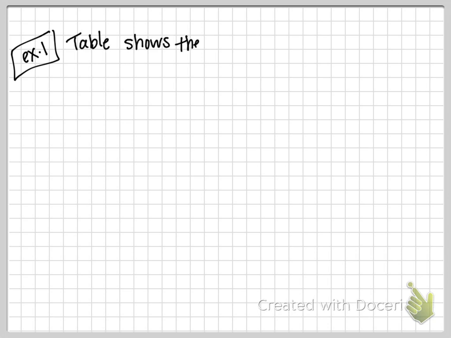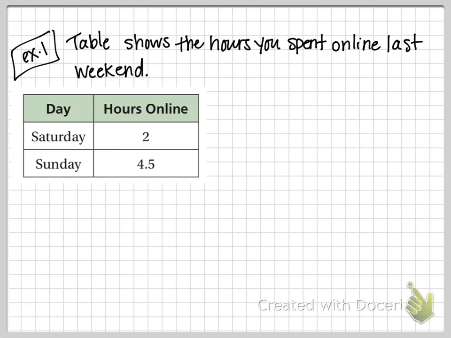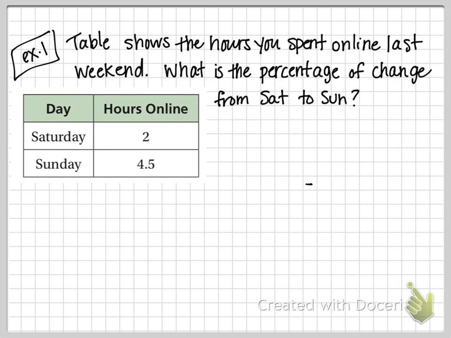Okay, so let's do an example. It says the table shows the hours you spent online last weekend. So here's our table, and then it shows the day of the weekend and the hours you spent online. 2 hours on Saturday, 4.5 hours on Sunday. And then it asks, what is the percentage of change from Saturday to Sunday? So if we look at this, first of all, we can see that the percentage of change is going to be an increase, right?